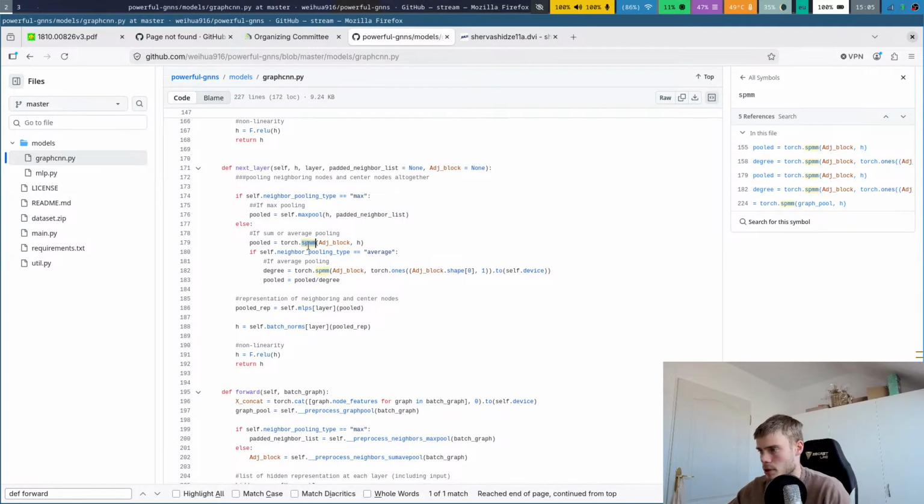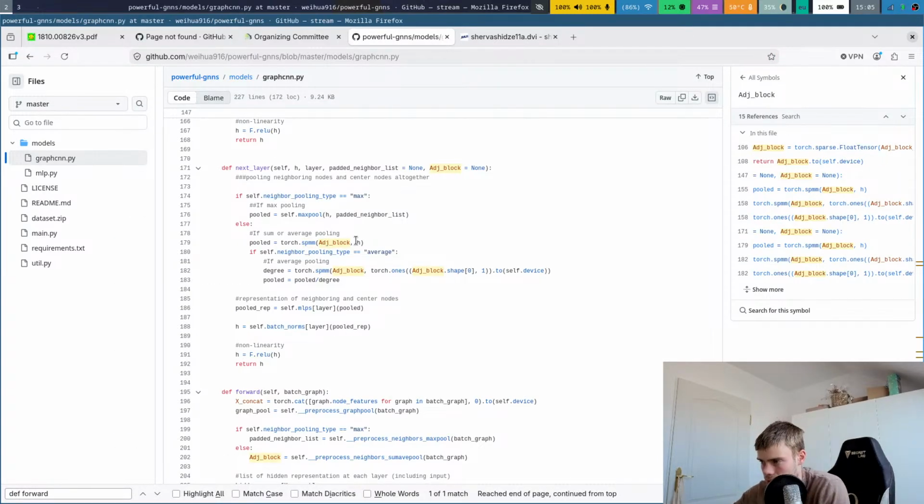I think this is sparse matrix multiply because the adjacency block is multiplied with H. This is probably the summation.